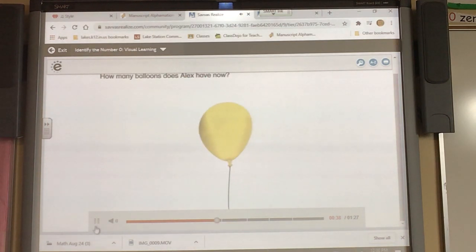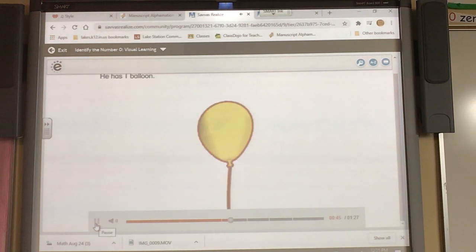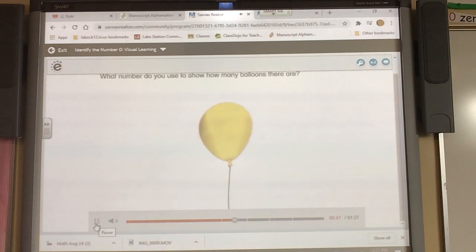How many balloons does Alex have now? He has 1 balloon. What number do you use to show how many balloons there are? You use the number 1. How many balloons does Alex have now?